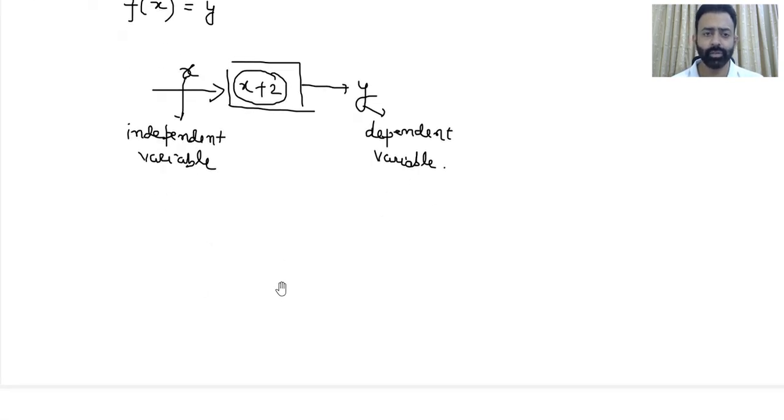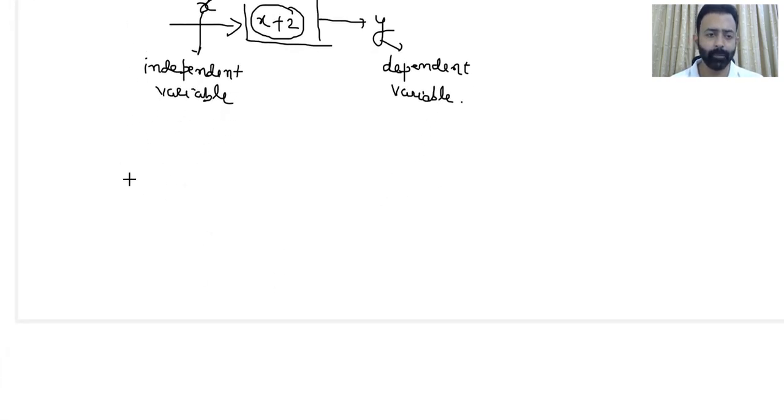Also, we can think of the function as a mapping. Mapping in the sense that I consider the input set denoted by x. The input set is all the values of the input which are going into the machine; I collect those values and form a set, called the input set.